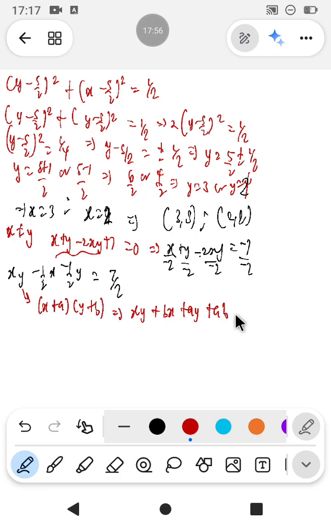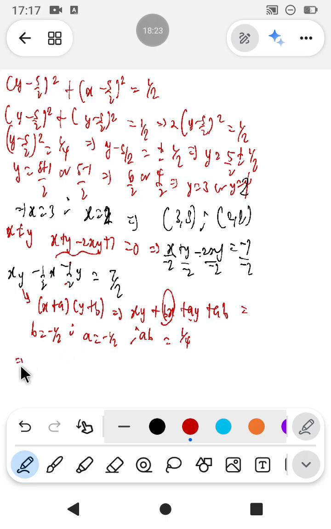Then if we equate this to the equation, bx will be minus 1/2 x, so definitely b will be negative half, then a will be negative half also. Then ab will be equal to negative half times negative half, which is positive 1/4.